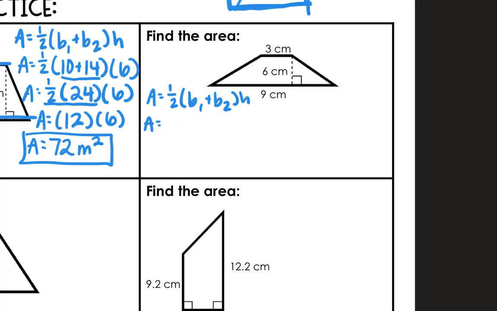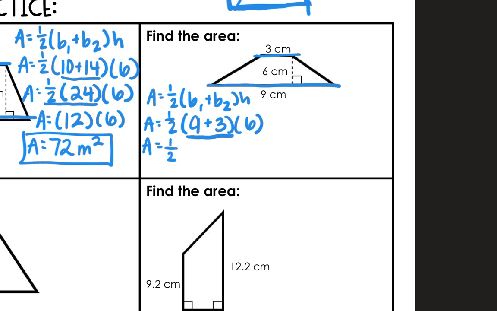So moving on to this next one, I'm going to do the same exact thing. My area formula is still 1/2 base 1 plus base 2 times height. So I still have 1/2. My bases are going to be parallel to each other, meaning those lines will never touch. So we have base 1 is 9 and base 2 is 3. And then our height again is going to be 6. And then I just need to solve from there. I need to do what's inside my parentheses first.